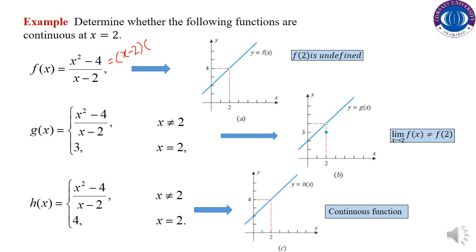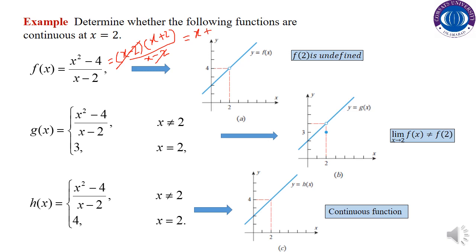This is the formula for a square minus b square. This is divided by x minus 2. We cancel x minus 2 with x minus 2 and we are left with x plus 2.